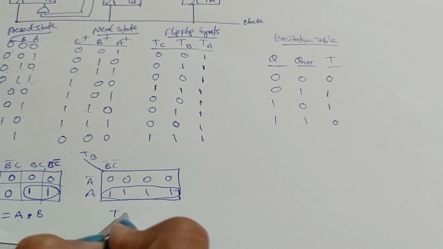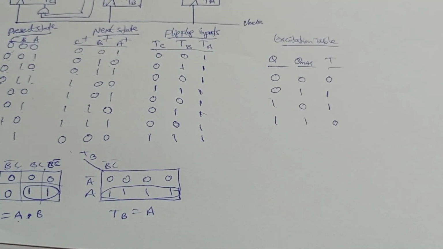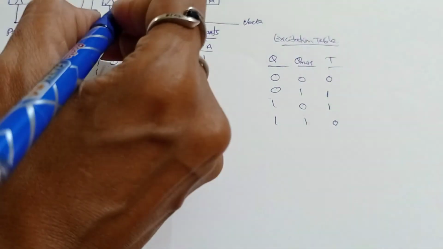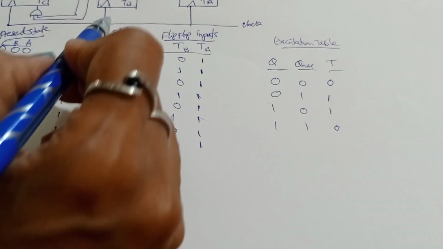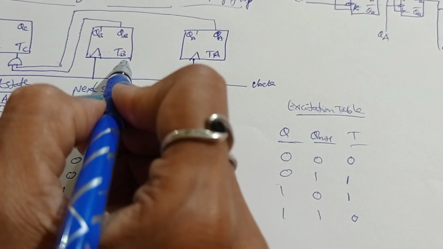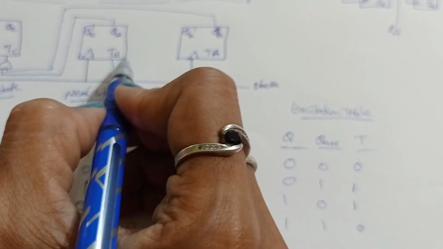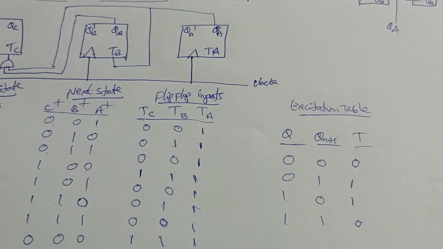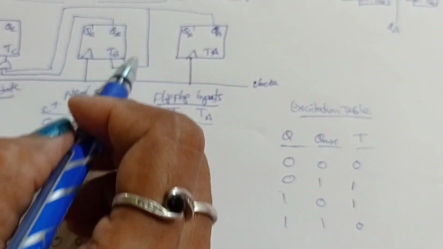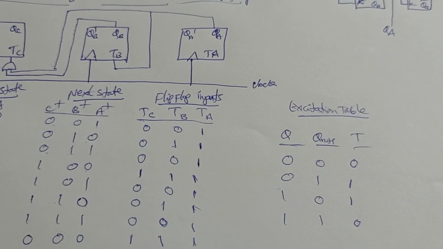So TB is equal to A. That means the B flip-flop input is A. So now for the B flip-flop, give the input A.